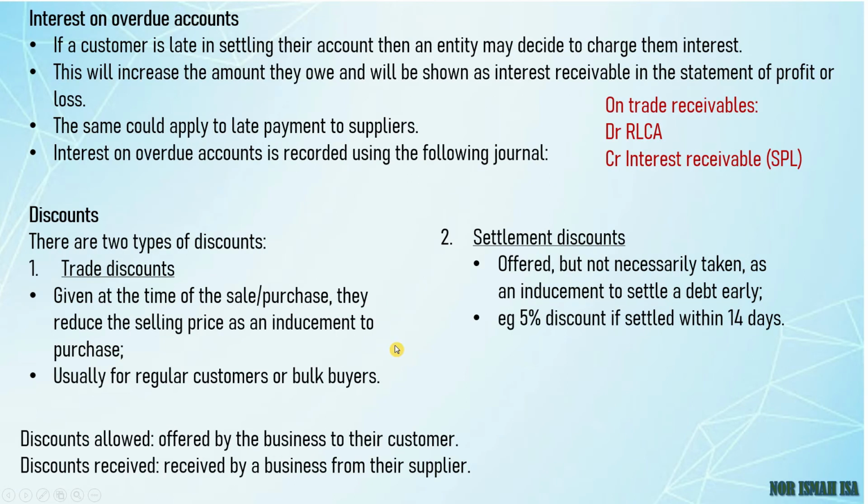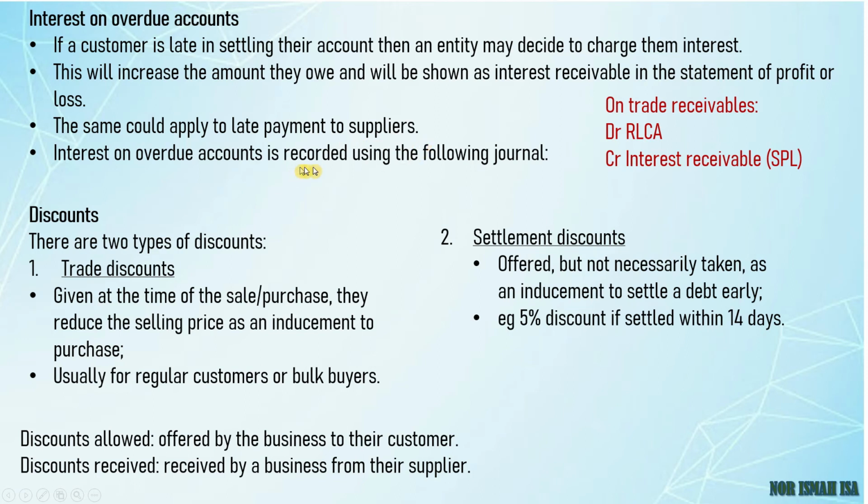Another one is interest on overdue accounts. If a customer is late in settling their account, then the entity may decide to charge them interest. This will increase the amount they owe and will be shown as interest receivable in the statement of profit or loss. The same could apply to late payment to a supplier.